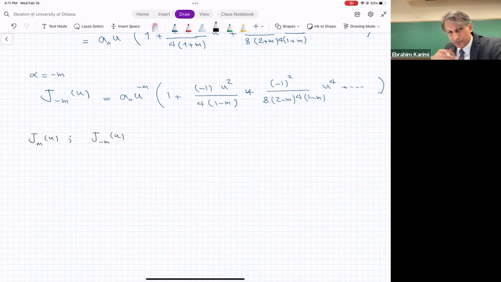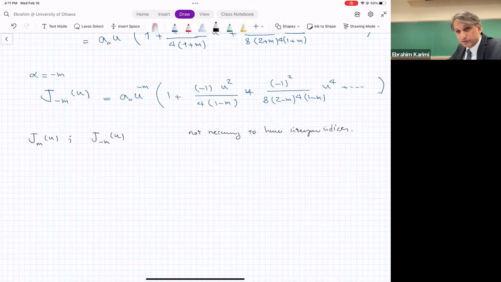And remember, as we discussed, it is not necessary to have integer indices. For our case, they were integer due to the single-valuedness in the azimuthal direction. Also note that in our problem, u was k rho in the calculation. That was the substitution that we have done because we want to look at the properties of them.